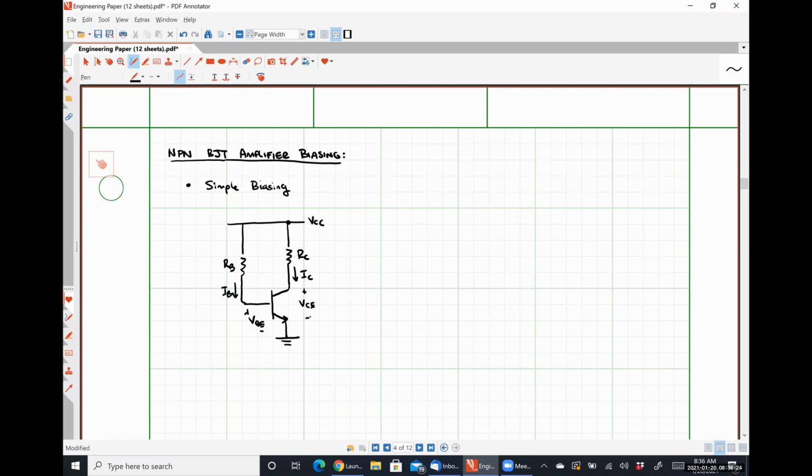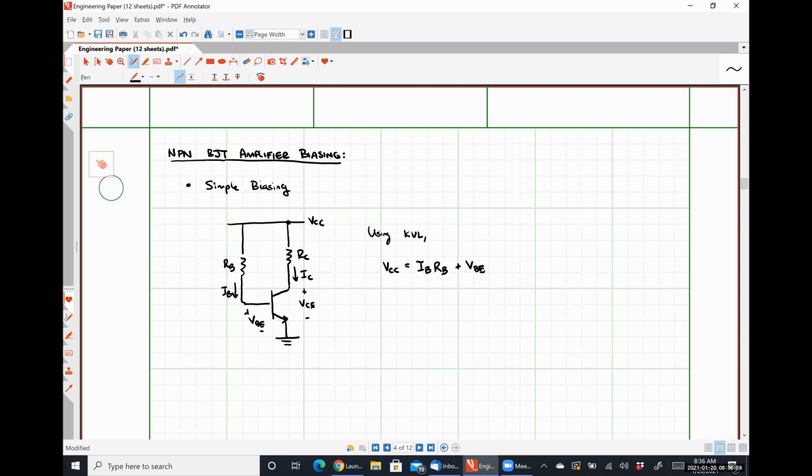So let's start with something reasonably simple. Using Kirchhoff's current law, Kirchhoff's voltage law, we can see that VCC, the power supply voltage, is equal to our base current IB times our base resistance RB plus our voltage VBE.